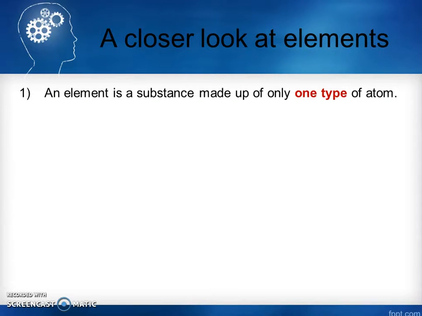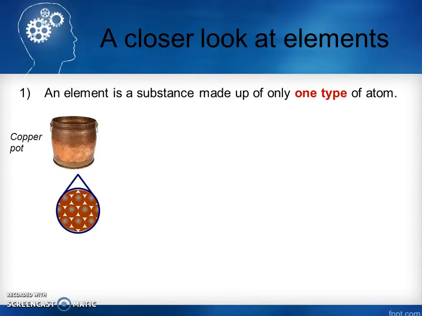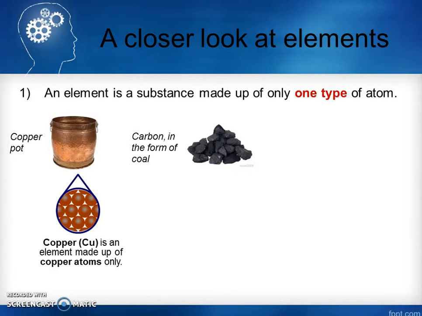Now, to look a little closer at the elements, an element is a substance made up of only one type of atom. So here we got a copper pot. If we were to look really closely at that, we'd actually see that it was all the same particles in there, all copper. So copper is an element made up of only copper atoms. Carbon in the form of coal here.